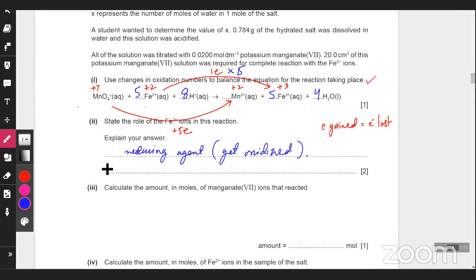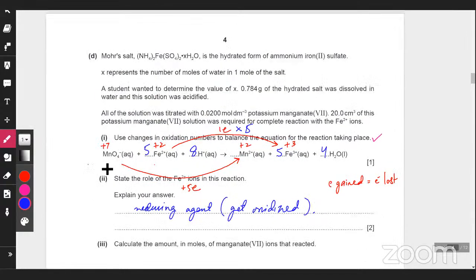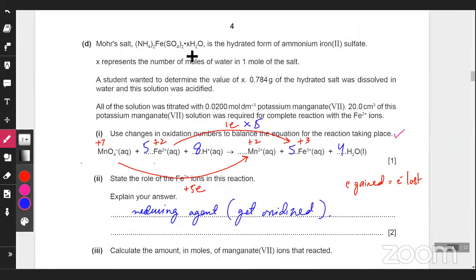Now you have the reaction happening, and now we have to actually read the question. They're saying that there's this thing, Mohr salt, and it has all these things. And X represents the number of moles of water. A student wanted to determine the value of X in 0.784 grams of the hydrated salt.